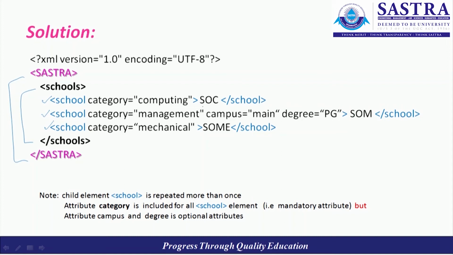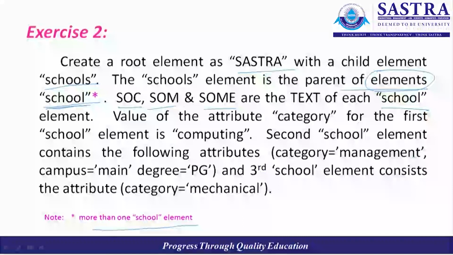These are the text as I have specified: SOC, SOM, SOME. These are the text of each school element. The value of the attribute category for the first school element is computing. So, what do I have to create? I have to create category.